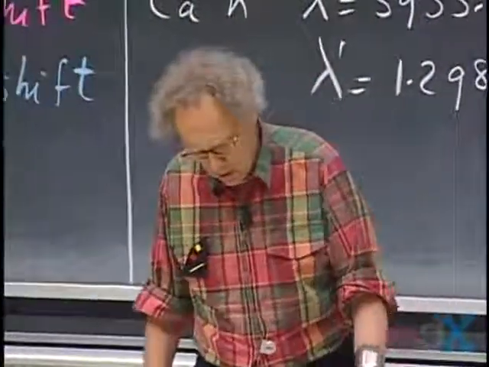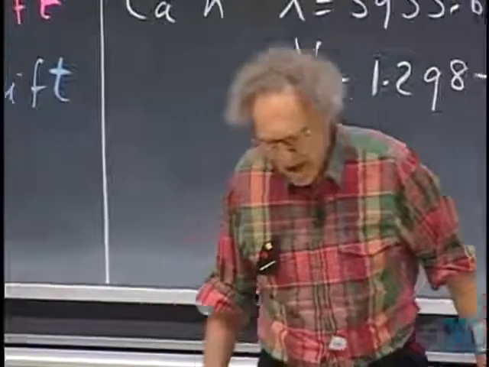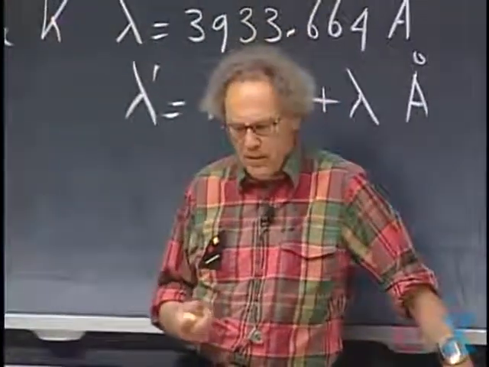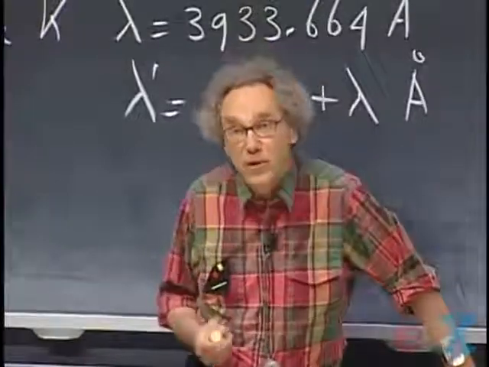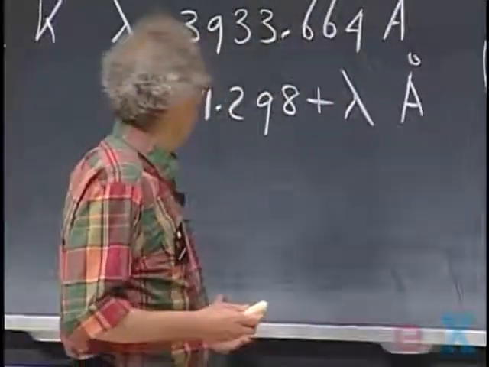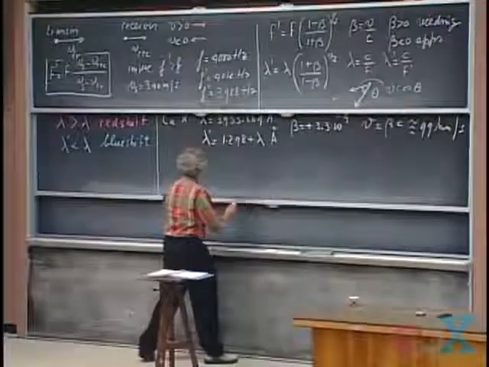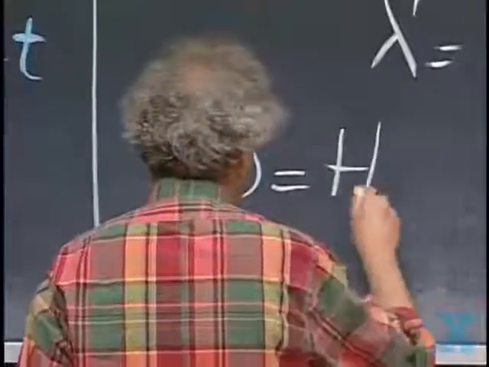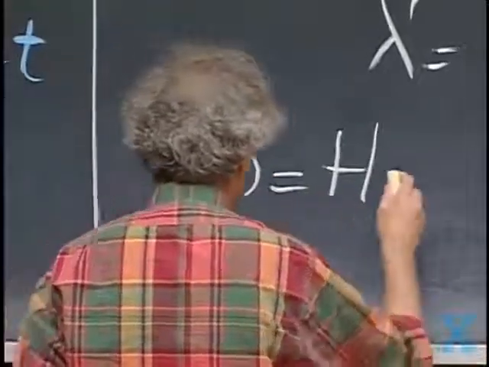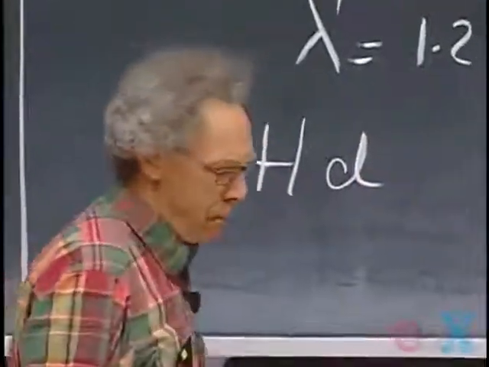But Hubble made a spectacular discovery: he found a linear relation between the velocity and the distances. We know this as Hubble's law. Hubble's law is that the velocity is a constant, now named after Hubble, capital H, times d.